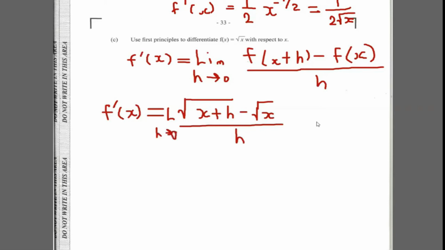Now, anytime you're doing these questions, once it's a square root, rationalize. So we're going to multiply by the conjugate. The conjugate is the square root of x plus h plus root x, over the square root of x plus h plus root x.